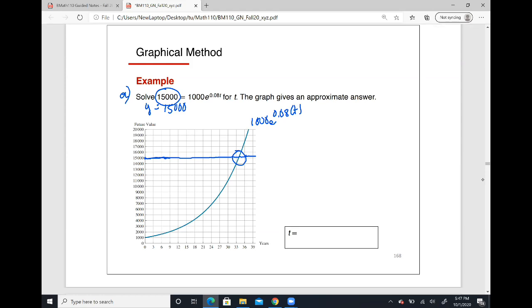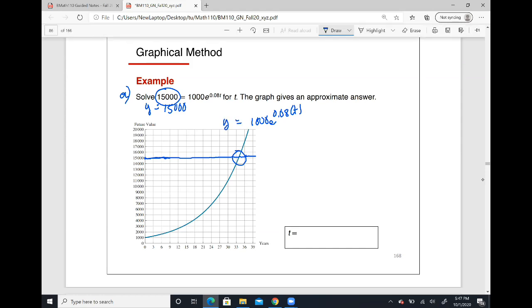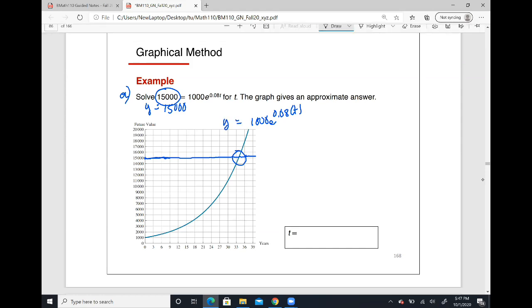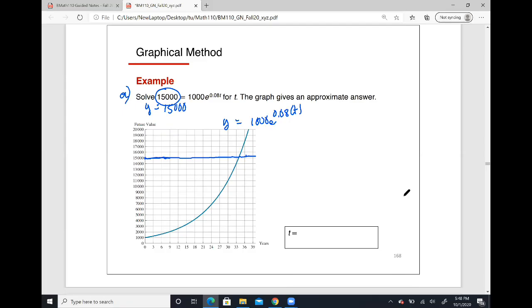Okay, and this function I'm going to write as y equals this. This function intersects with y equal to 15,000, and they intersect each other at the solution for this equation.